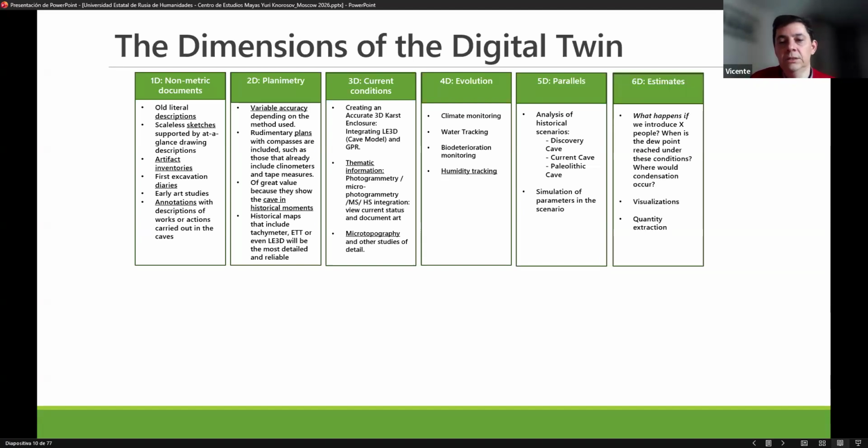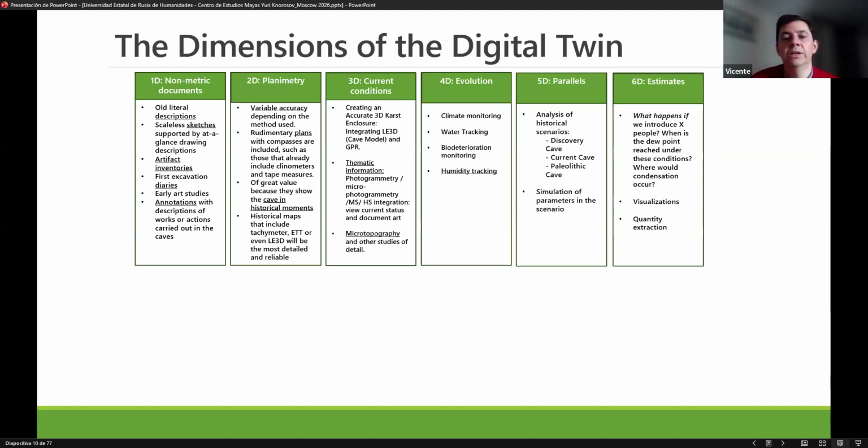The sixth dimension is estimation, estimates. So what happens if we do this or that, if we put people in the cave, if we remove all the infrastructure, or we put in some infrastructure.